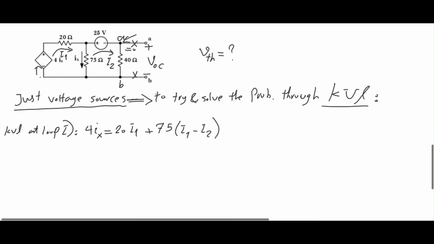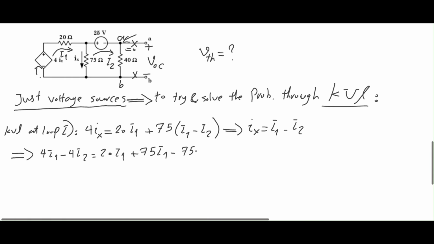Yeah, we can immediately figure out that Ix is actually I1 minus I2. So can I just make it a little more beautiful? Yes. 4 times Ix is 4 times I1 minus 4 times I2 equals 20 times I1 plus 75 times I1 minus 75 times I2.